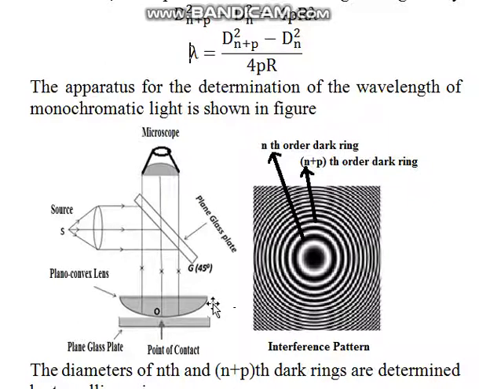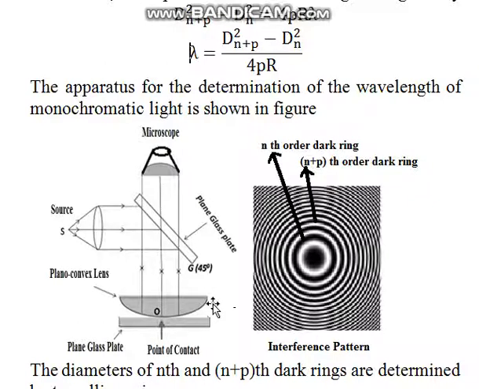Then the microscope is moved horizontally. Suppose we move the microscope to the left side with the help of its screw, and simultaneously we count the number of rings, and the crosswire is made tangential to the nth ring.